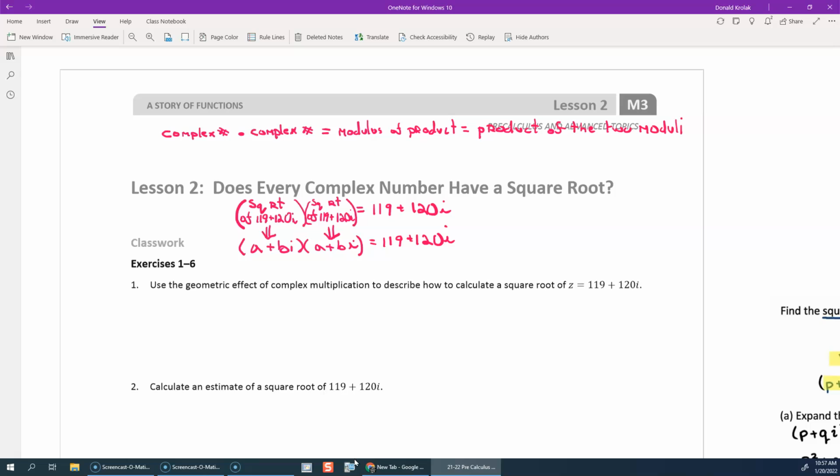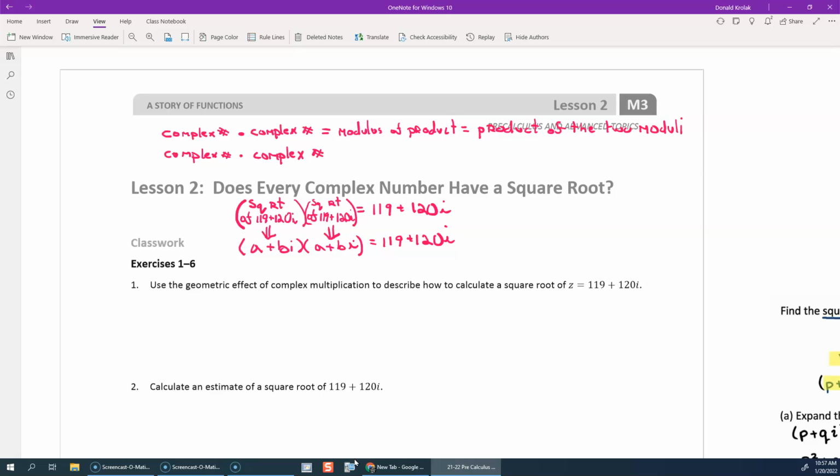Then the argument: if I do a complex number times another complex number, remember it rotated it and it stretched it?